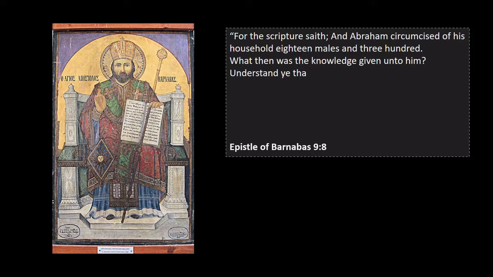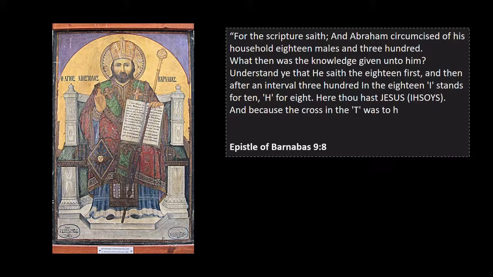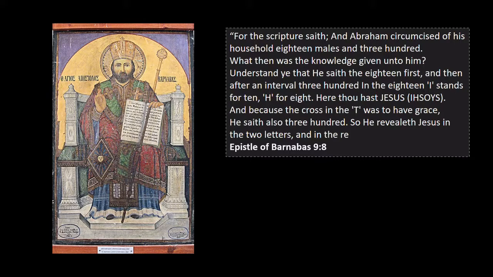Understand ye that he saith the 18 first, and then after an interval 300. In the 18, I stands for 10, H for 8. Here thou hast Jesus. And because the cross in the T was to have grace, he saith also 300. So he revealeth Jesus in the 2 letters, and the remaining one the cross."